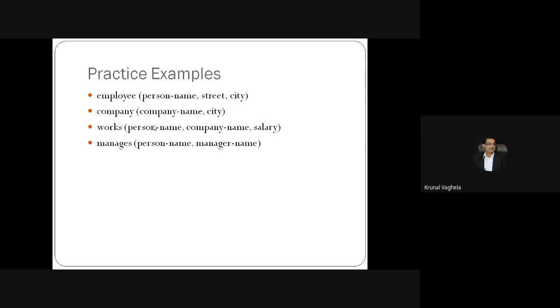That means which person is working in which company and what is his or her salary. And one more relationship is manages, meaning person name and his or her manager's name. Who is the manager of which person? These are the 4 tables given to you, and you need to solve the queries.